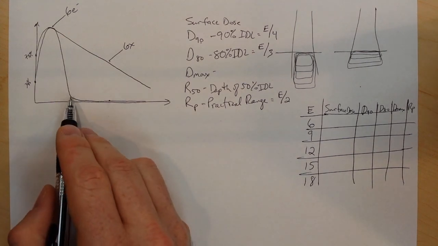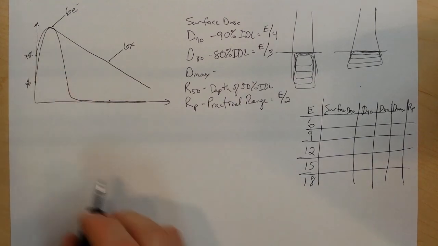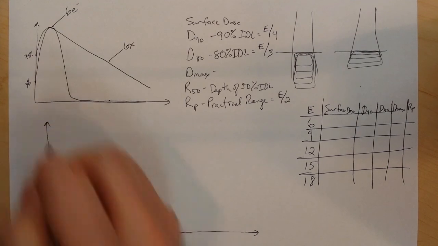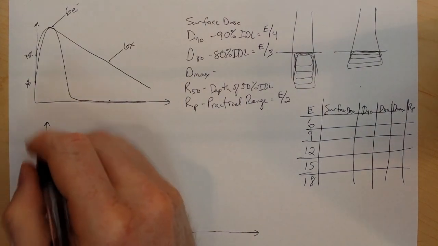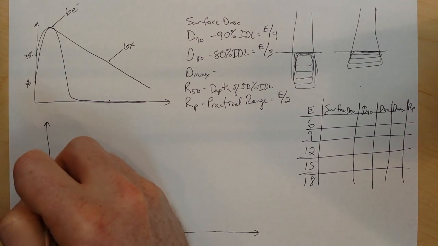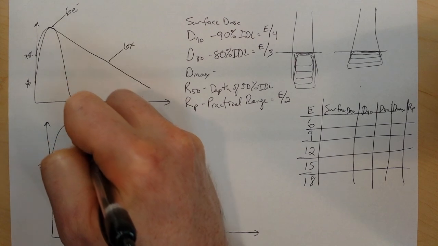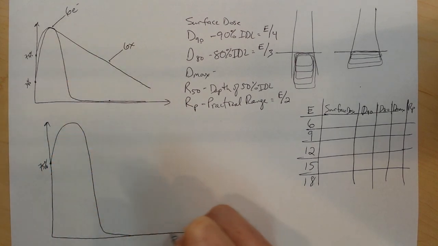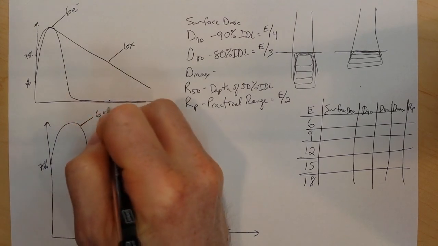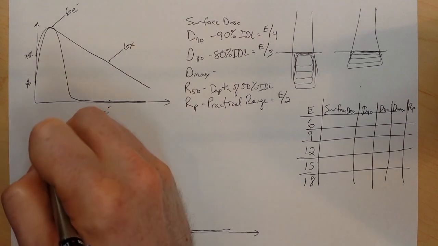So how does percent depth dose change? Let me go back. Percent depth dose. Let's draw it a little bit bigger, and let's compare two different energies. We'll compare 6E, sorry if the scales aren't drawn out correctly, with 20E.